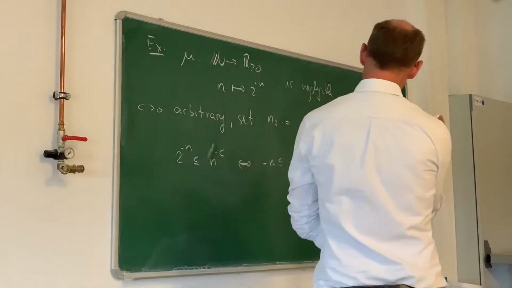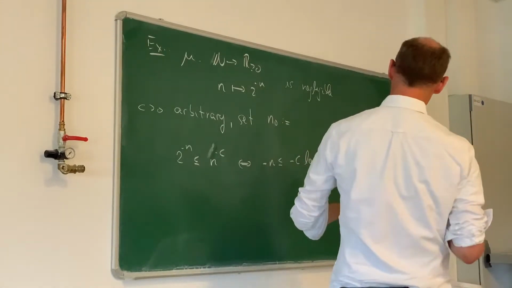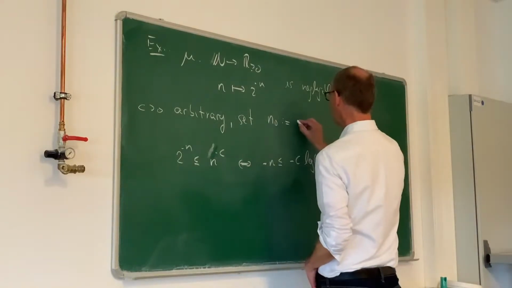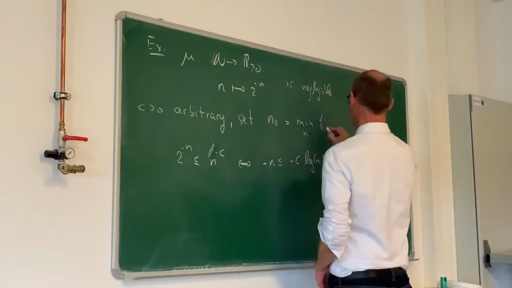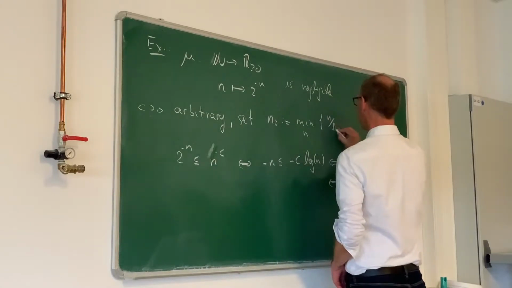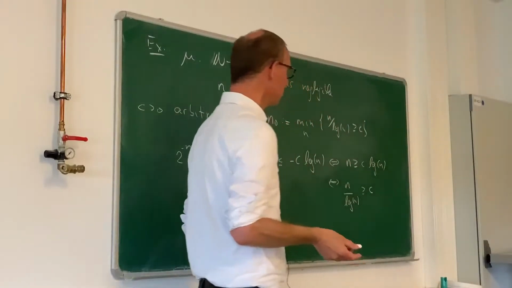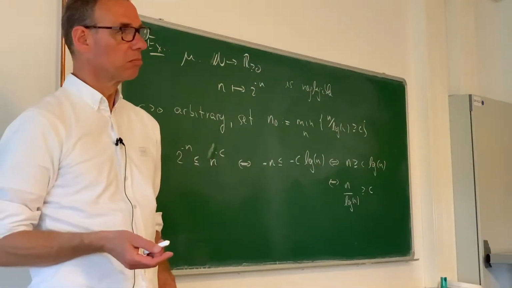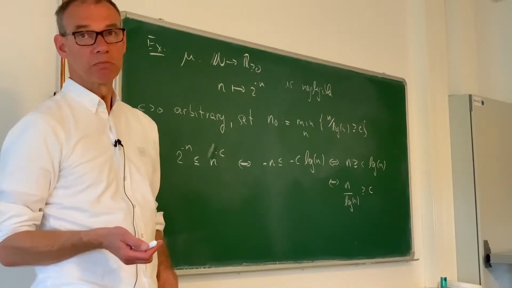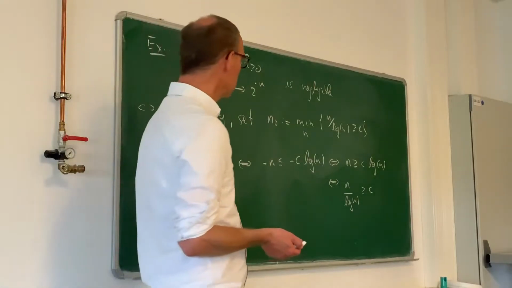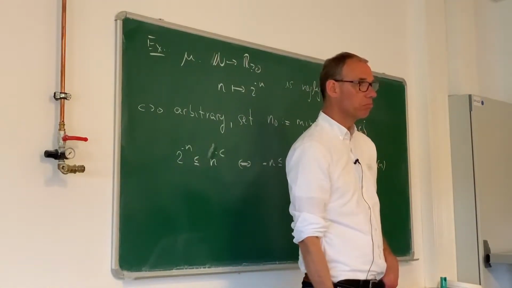Let's say n0 is the minimum n such that n divided by log n is larger than c. And this is a finite number.